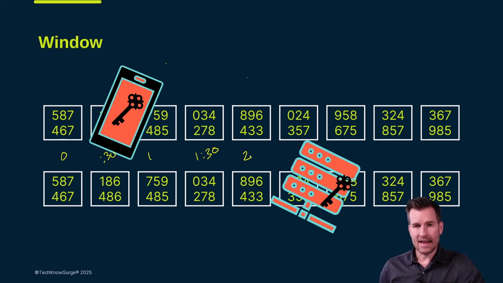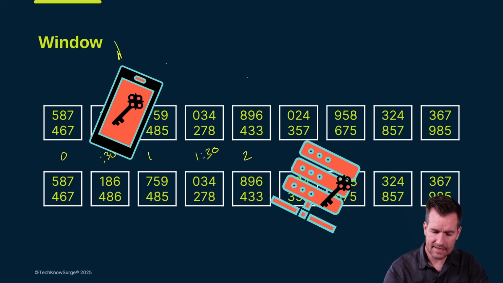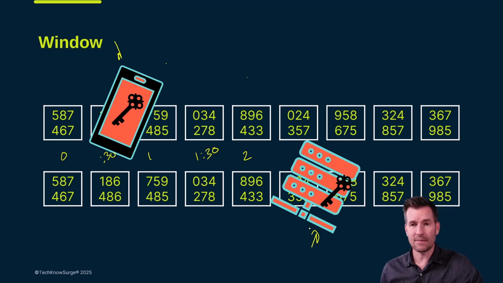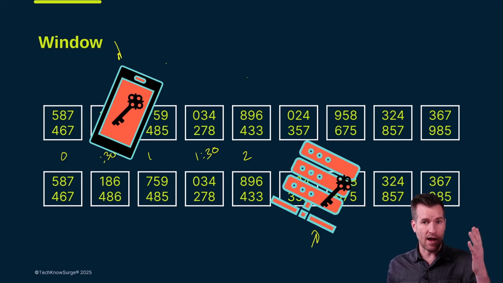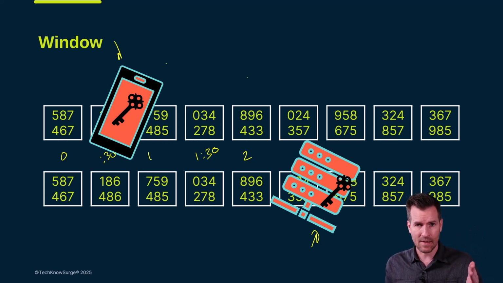Now, the thing is, it's based off of the system times, so the system times of these two devices could be different. Hopefully they're syncing to the cloud, so they should be relatively the same, but clocks do get off by a little bit. And so how do we compensate for that?